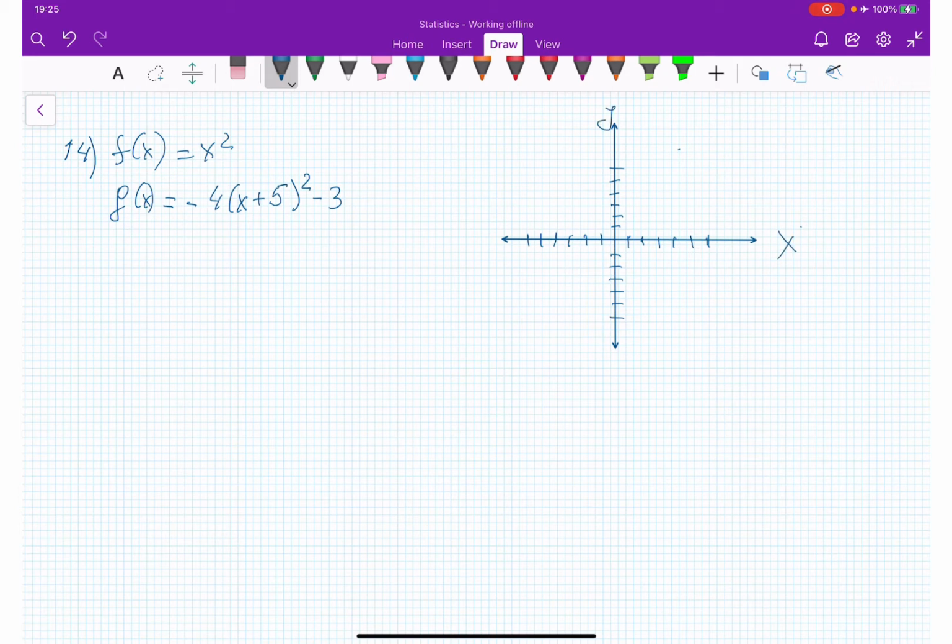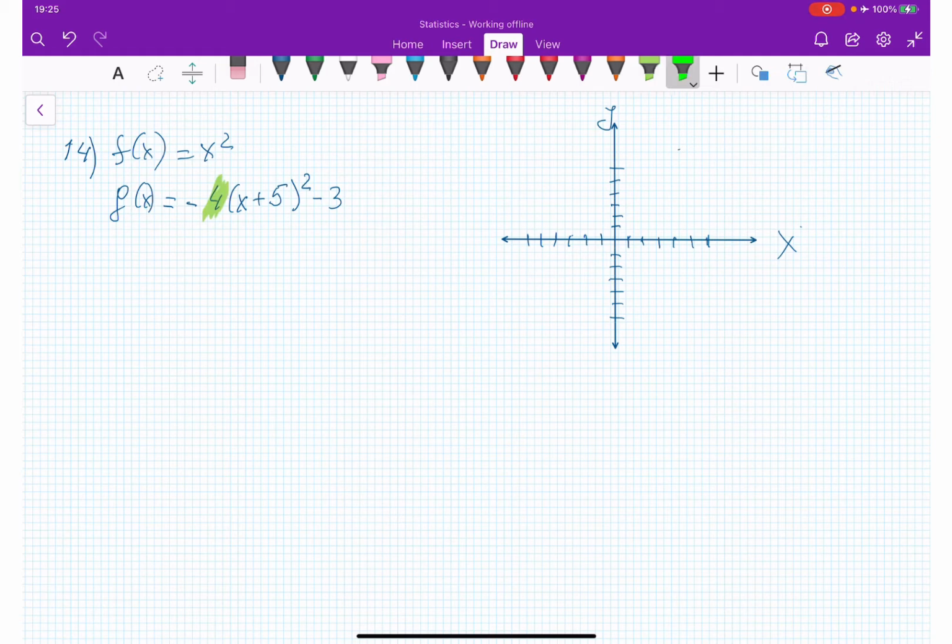So let's see what we have. This coefficient 4 is showing that we are going to shrink y is equal x squared 4 times.